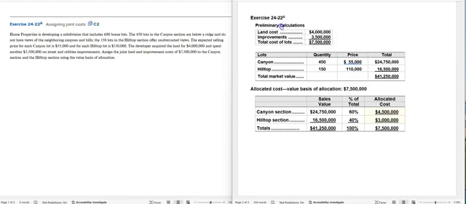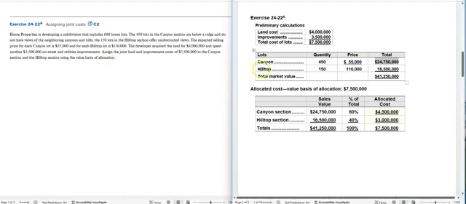Okay, so total costs we need to allocate $7.5 million. We are going to do it based off of the total value of the end product. So if we have 450 canyon lots that can be sold for $55,000 each, total value of all of those canyon lots is $24,750,000.